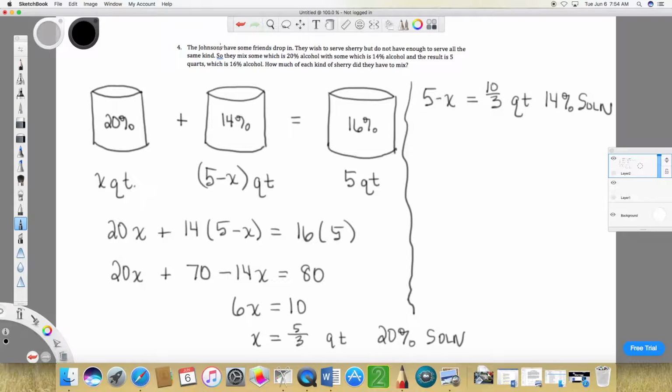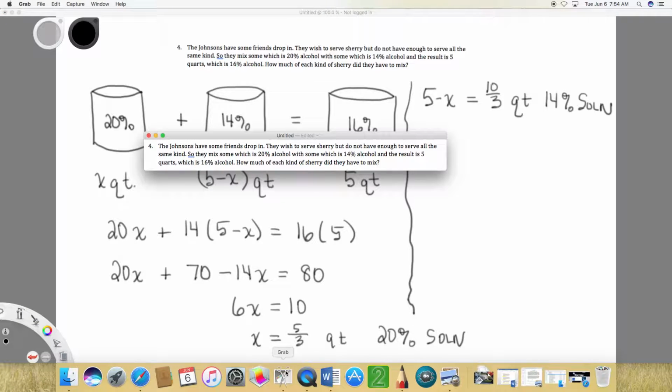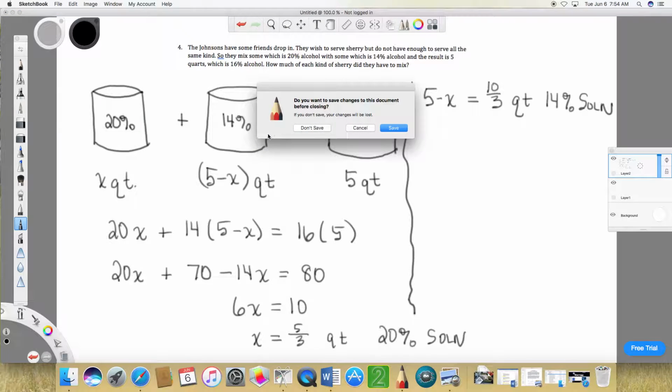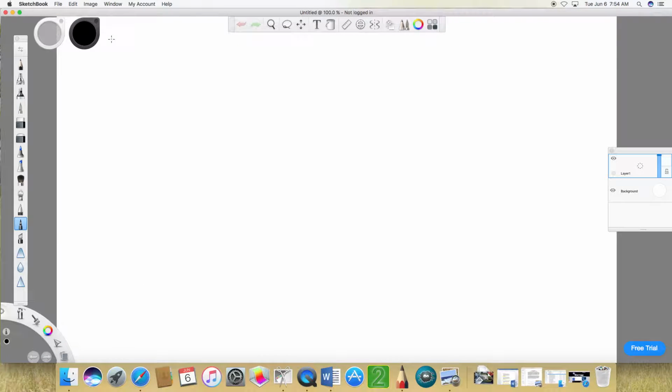Now, since I'm having difficulty here, I'm going to do the same problem again using the seesaw method.